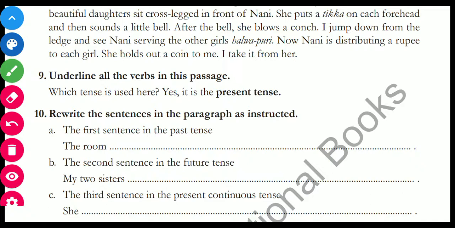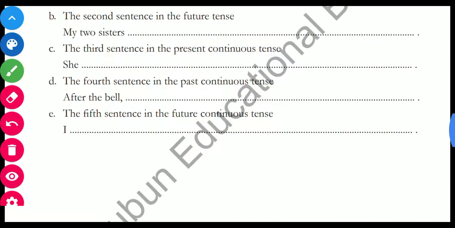Subject rule क्या हमारे future tense का subject plus will or shall plus verb. Okay, so the sentence would be my two sisters and mama's beautiful daughters will sit cross-legged in front of Nani. So this is how you have to solve this exercise. Try solving it, and if you face any problem you can ask me in doubt clearing session. Thank you.